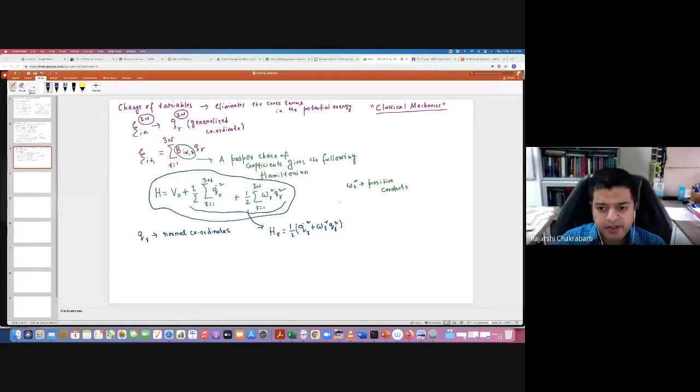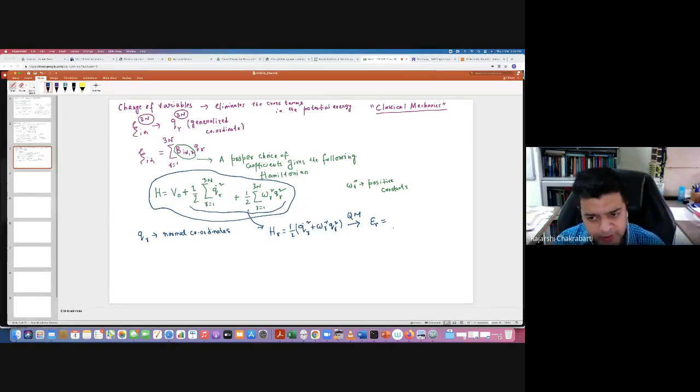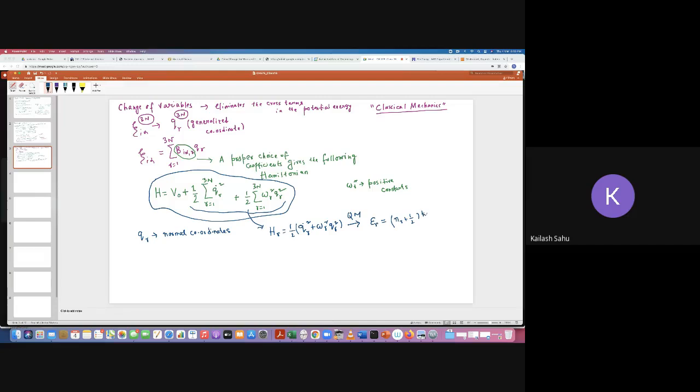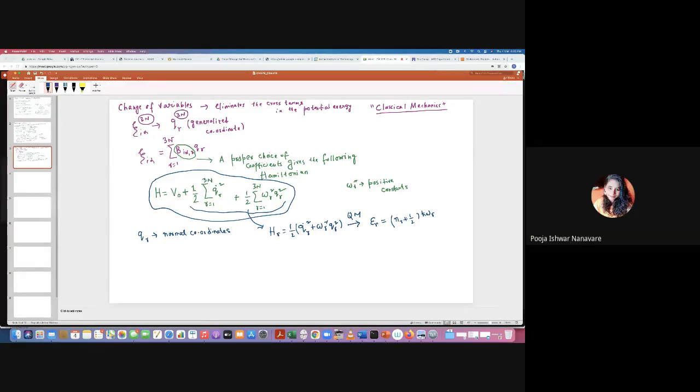If I do quantum mechanics, I'll get energies. What are the energies? This is the energy for one of the normal modes. And this is going to be some quantum number, n_r I'm calling it, plus half, h nu. Is that fine? H cross omega, yes, I'm writing in terms of omega.